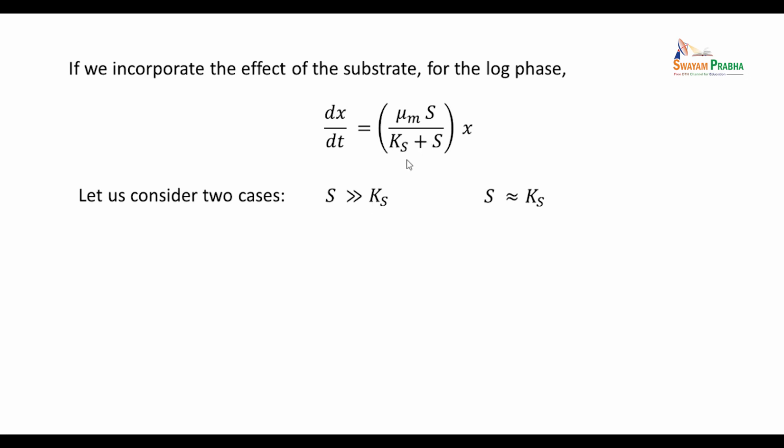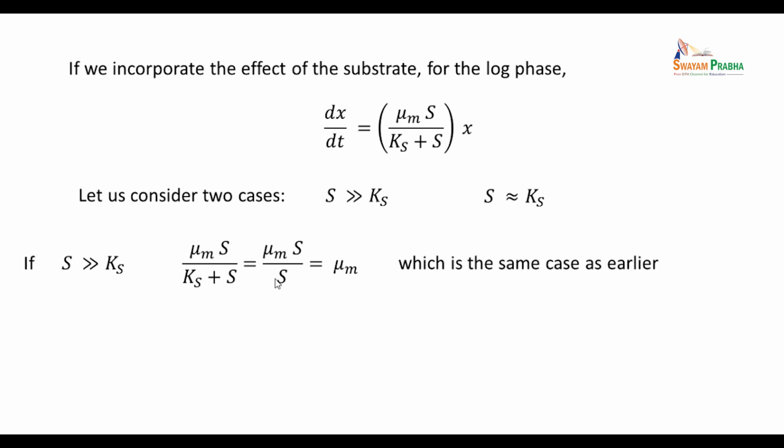If we replace the denominator by S, you have mu m S by S, S can be cancelled, and you will be left with mu m alone, and that is what is shown here, which is exactly the same case as earlier.